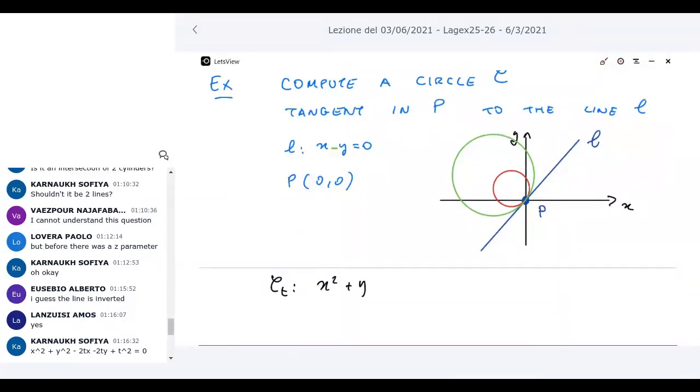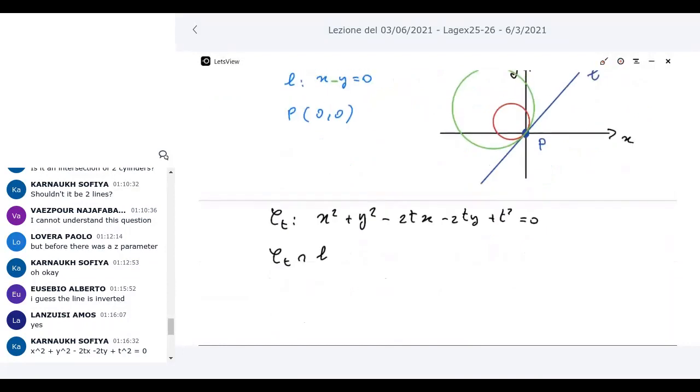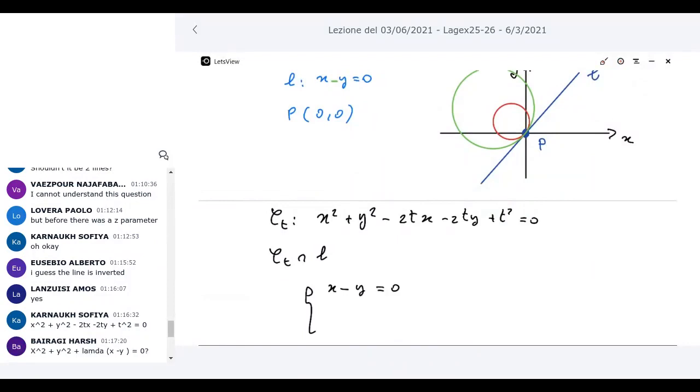Hopefully I can do this correctly. Minus 2y plus t squared equals 0. Then I want to intersect with the line L. So basically what we want to do is solve the system having x minus y equals 0, which is the line L, and the equation of the circle.